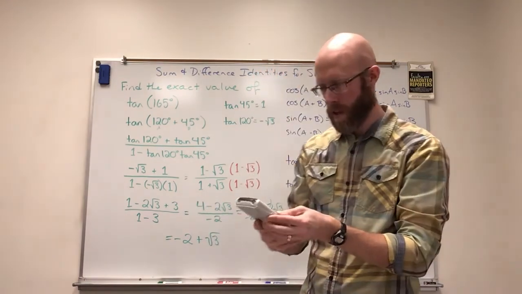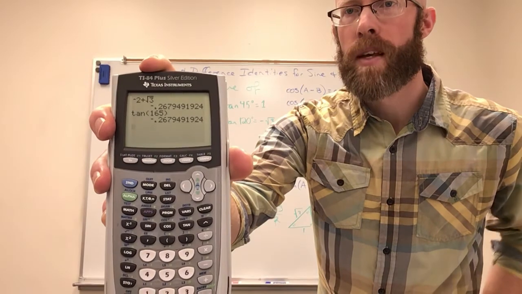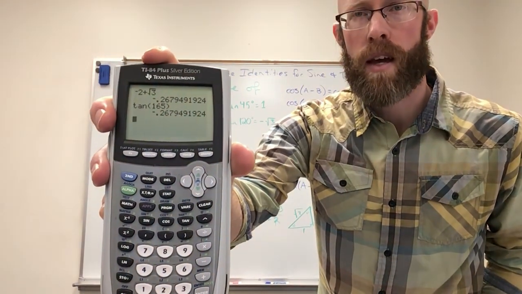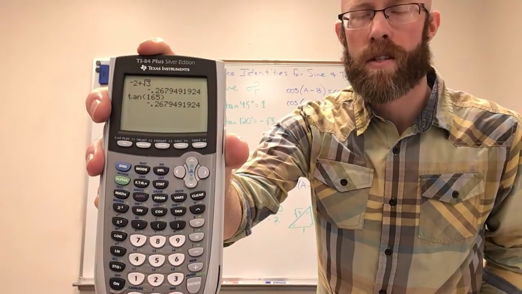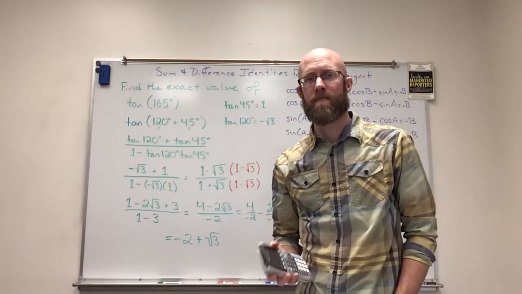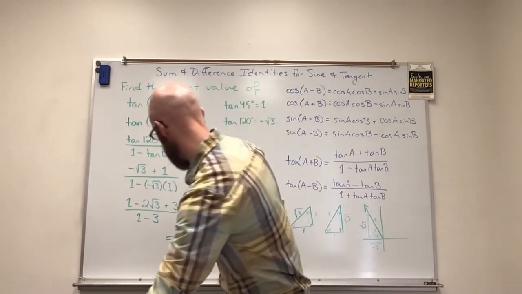There. And hopefully you can see that, the two decimal expansions are the same, and they're both negative, which makes sense because I said it should be, the 165 is in the second quadrant, and tangent is negative in the second quadrant, okay? So, that worked out nicely. It does verify that those are the same.